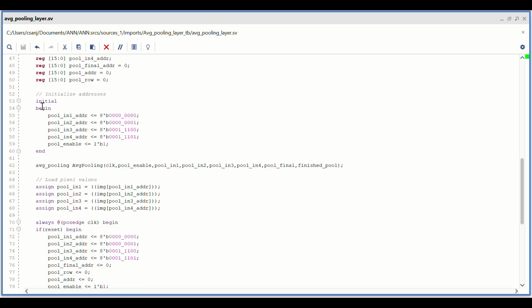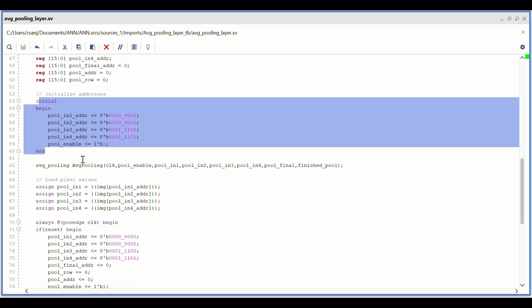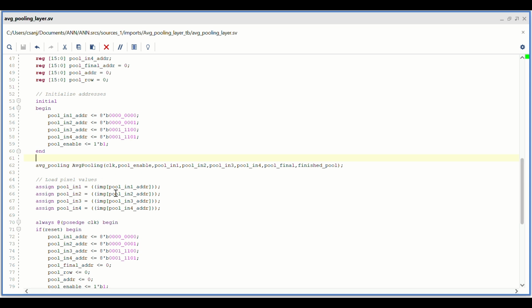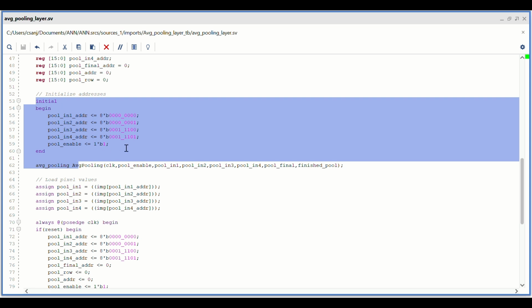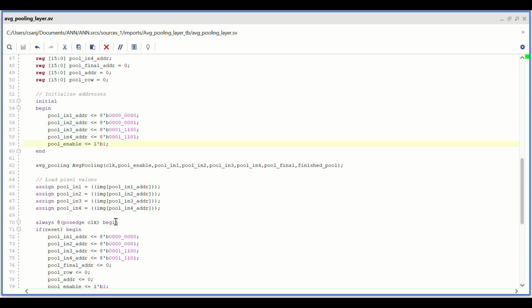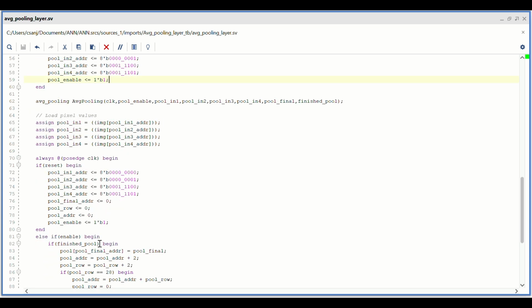Now, in the previous case I told you that the moment you assert the reset, this is the initialization. And why am I initializing this? Let's see from this case. If reset is asserted, you initialize your input 1 address, input 2 address, input 3 address, input 4 address as 0, 1, 28, 29.